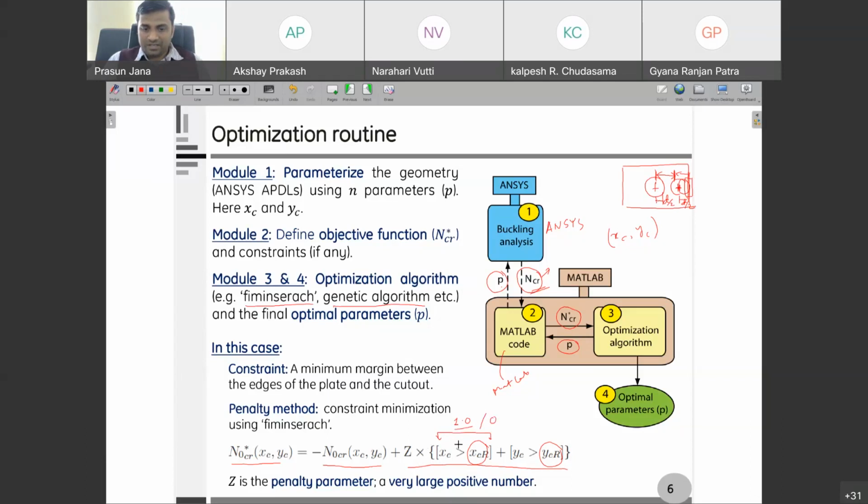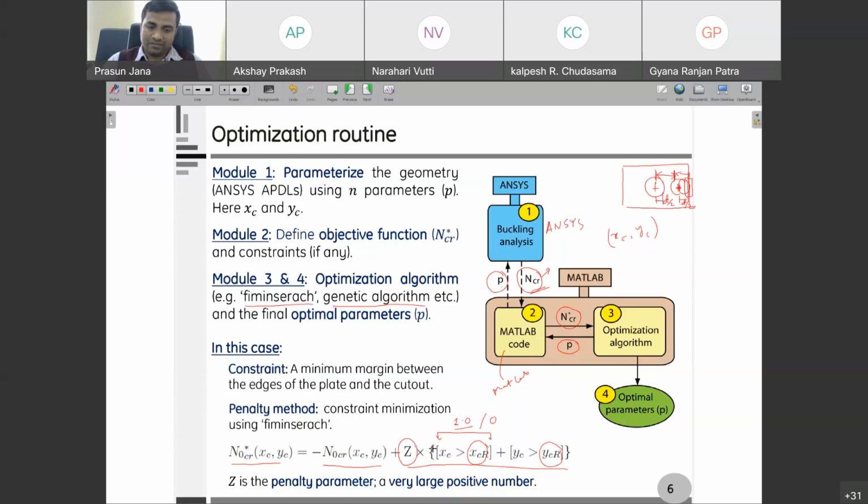So if xc is more than xcr, you want to discard that case. To do that, we use this logical variable, which gives you 1, and then you have a very large number. So you are adding a very large number to some negative value, which means it goes to the positive side.